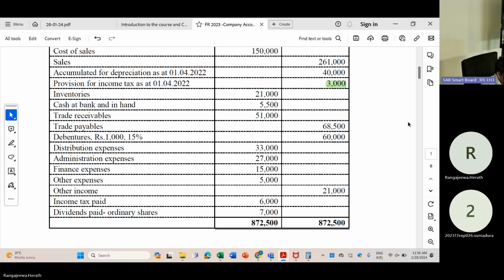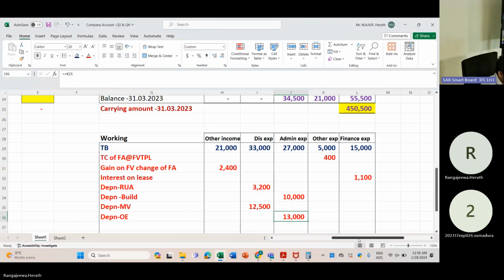ඊයවුරුද්දේ 3,000 ගෙවන්න කියලා තිබුණා. මේ ගෙවලා තියෙන්නේ 2,800. That means last year we have 250 over provision. Right? එහෙනම් මේ අවුරුද්දේ tax expense එක වෙන්න ඕනේ. මේක ලේසිම විදිය තමයි.